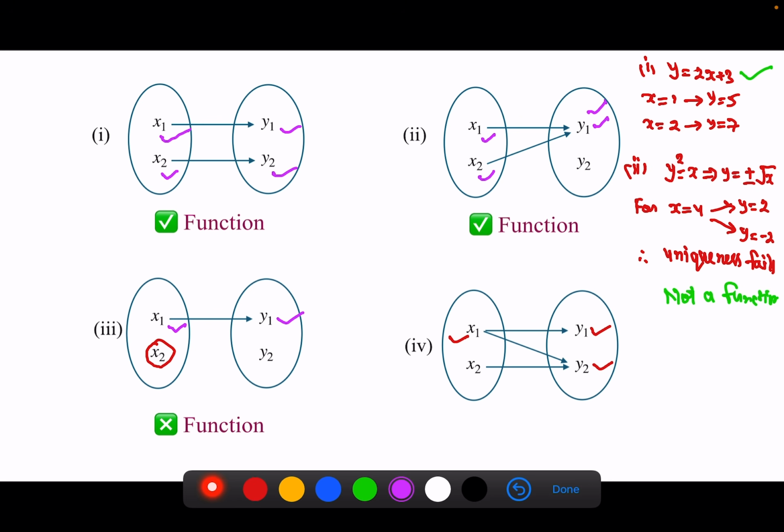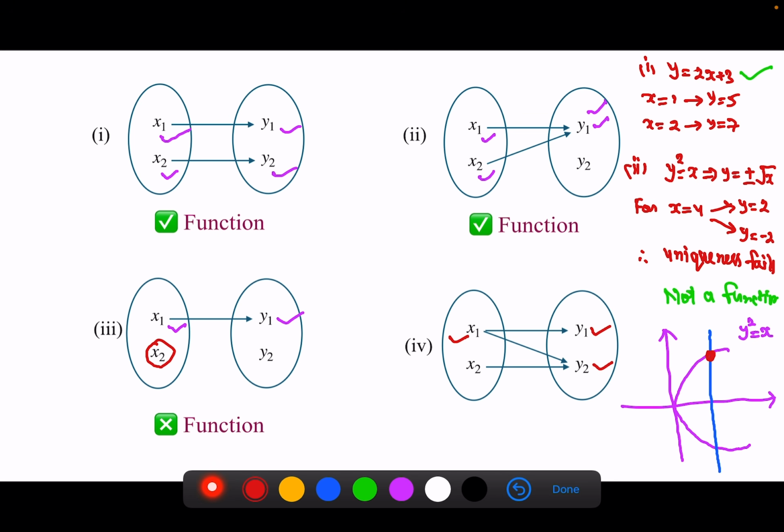If we draw the diagram of y square equal to x, you see that y square equal to x is this curve, and then a vertical line.